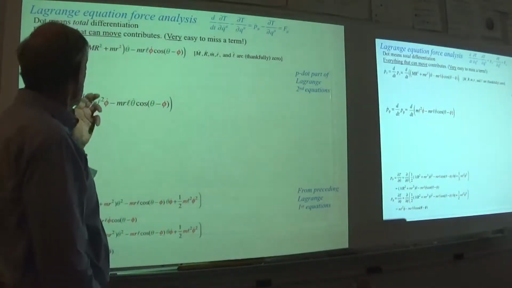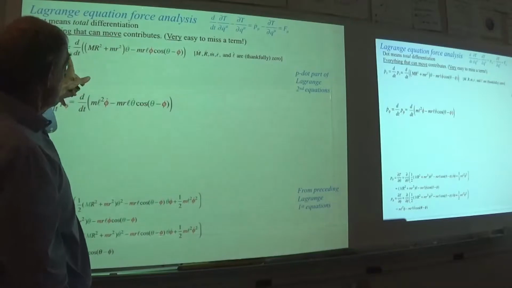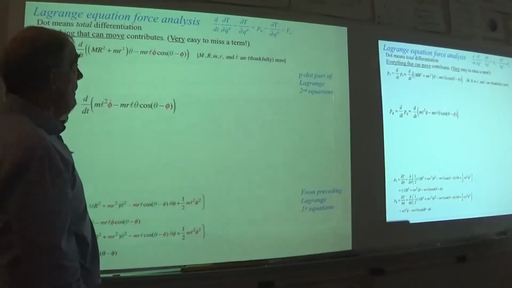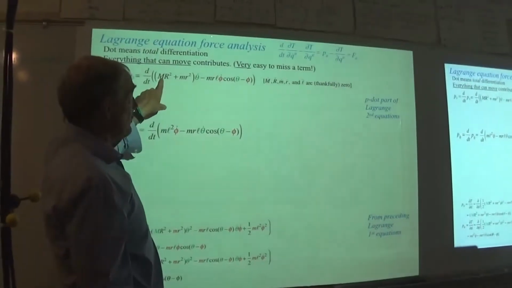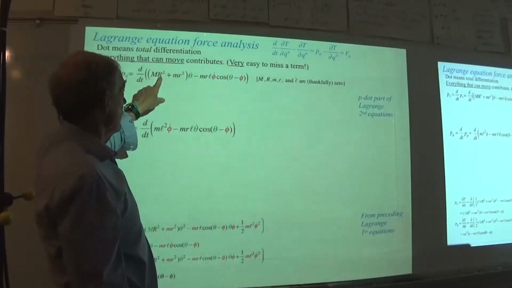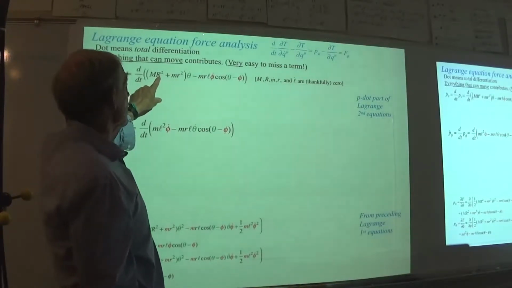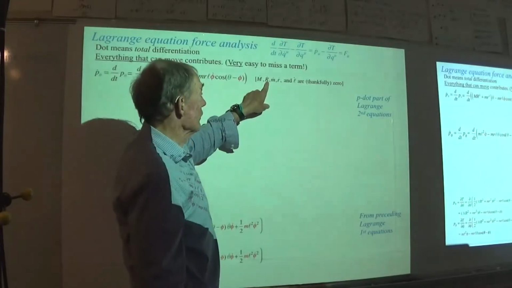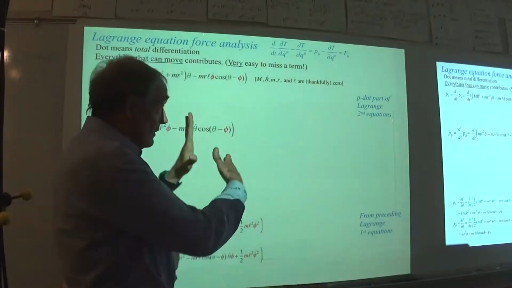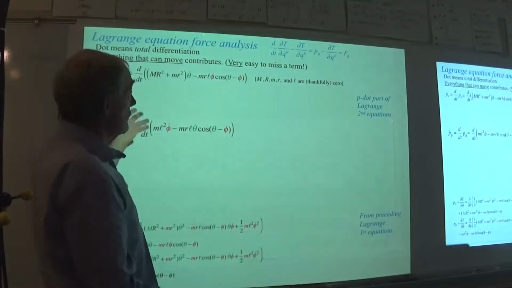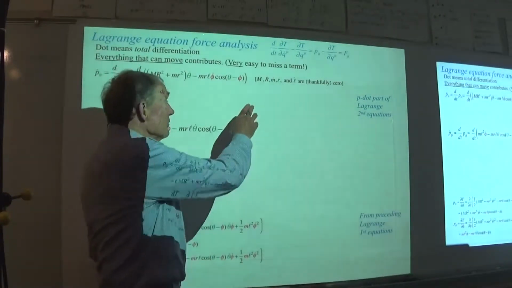Now, when you express a time derivative of this thing, we're not going to have a mass that's changing, so that's a constant. We're not going to let the radius of the big beam holding the big mass change. That's thankfully 0. But it might be a spring later on. That's another degree of freedom and a coordinate. You'd have to go back and make the Lagrange equation for it.